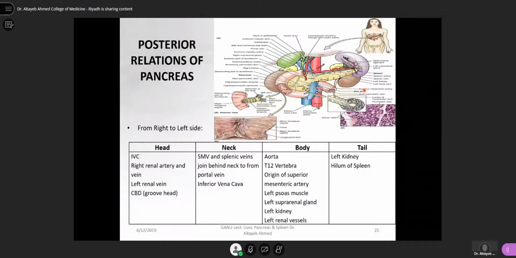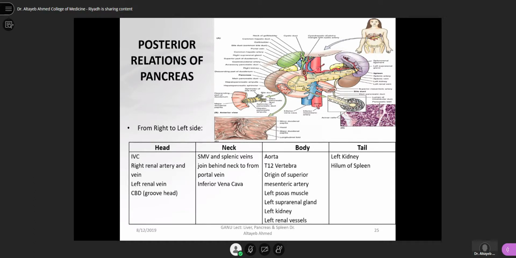These are the relations. The most important relation for the head is the common bile duct, right hepatic artery and vein, and in addition to that, the inferior vena cava. The neck, as I said, relates to the superior mesenteric vein, the commencement of the portal vein, and the inferior vena cava.